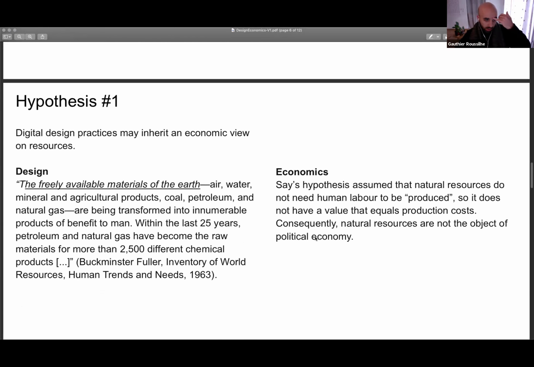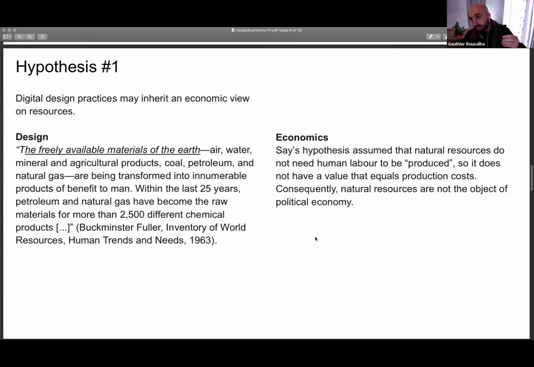So I will present you something that is a bit of cherry picking, because we don't have time to look at all the literature in design on the topic.